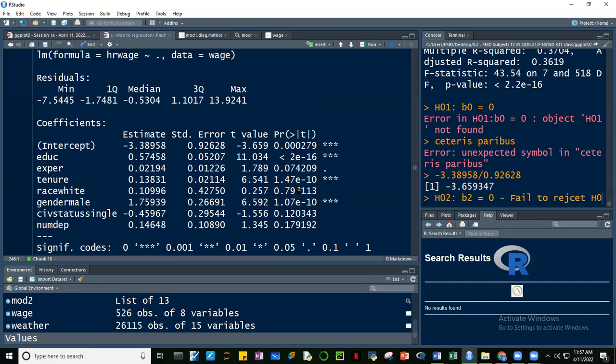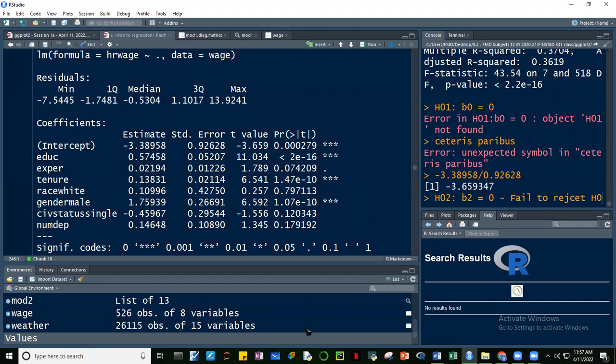Okay, let's go now to the factors. Kasi ito yung mga factors natin, no? Race, gender, civil status. Now take note, guys, ang ginawa niya dito, race, tapos white, gender, male, civil status, single. What does this mean? Bakit may race, nilagay niyo yung white? Bakit ganun, guys?